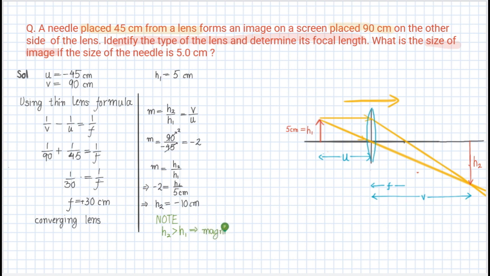Next, if h1 is greater than h2, where the size of the object is greater than the size of the image, what kind of image will be formed? It will be diminished.